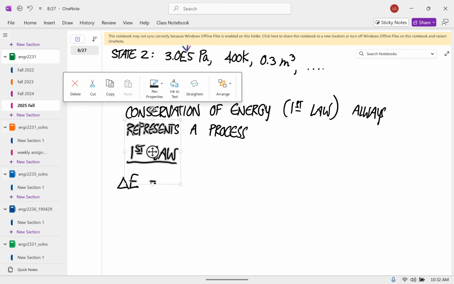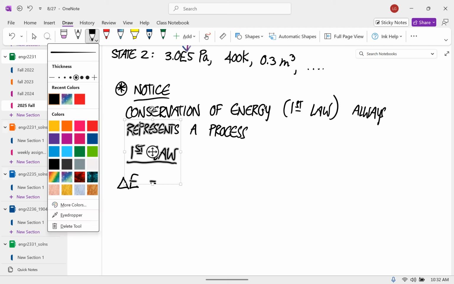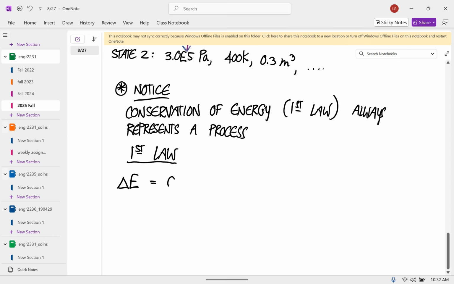Well, Q, we're saying, is energy going into the system. You can also change the energy in your system by doing work on it or having it do work on the surroundings.